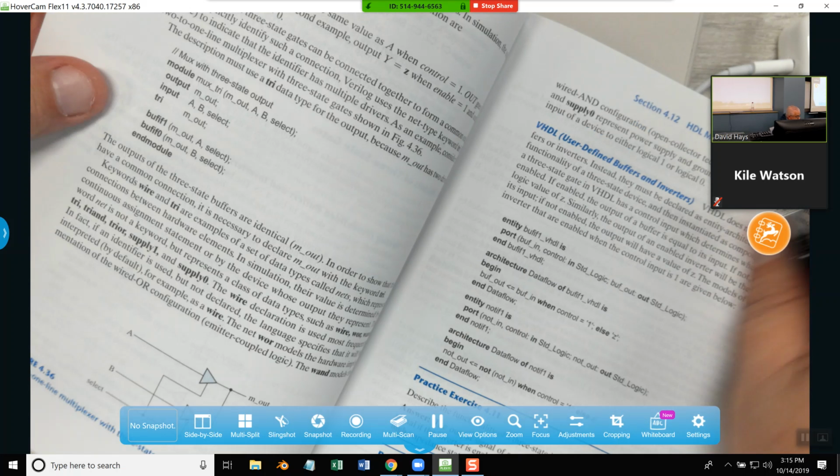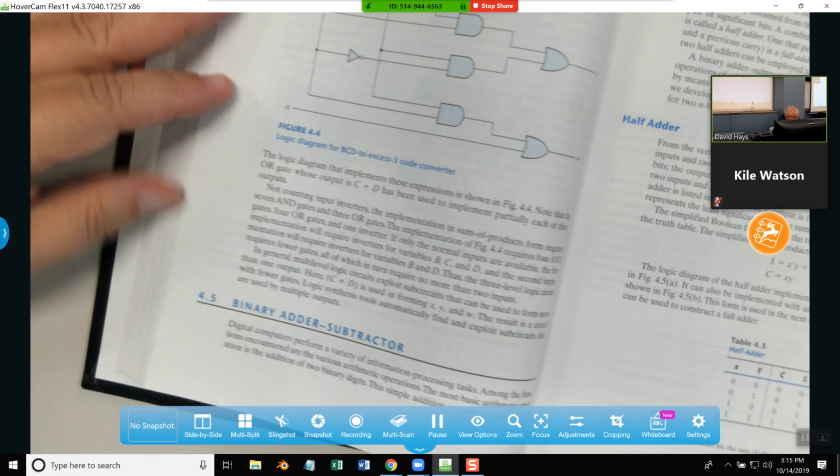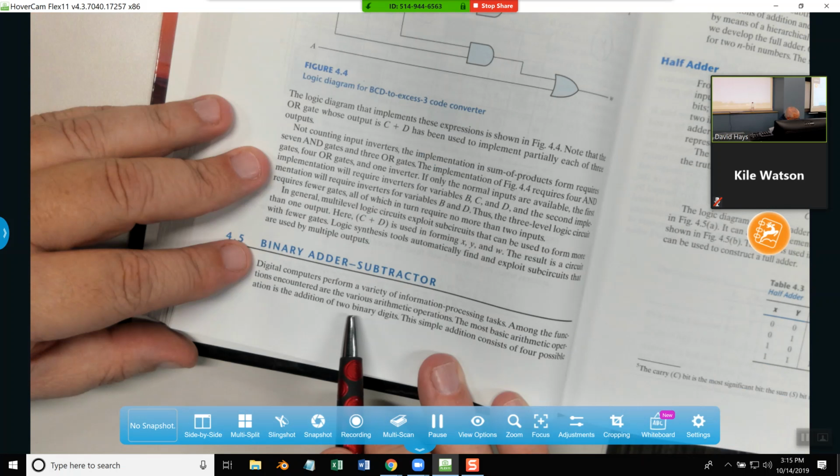Okay, digital computers perform a variety of information processing tasks. Among the functions encountered are the various arithmetic operations. The most basic arithmetic operation is the addition of 2 binary digits. A simple addition consists of 4 possible elementary operations: 0 plus 0 is equal to 0, 0 plus 1 is 1, 1 plus 0 is 1, and 1 plus 1 is equal to 10. The first 3 operations produce a sum of 1 digit, but when both augend and addend bits are equal to 1, the binary sum consists of 2 digits.